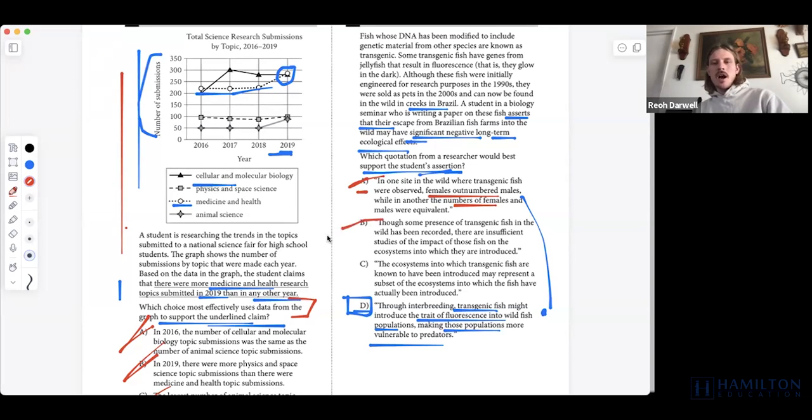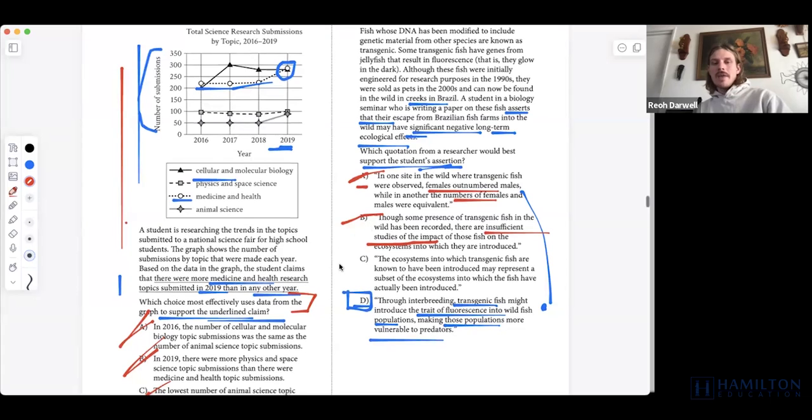B is kind of an opposite distractor, right? This is saying there are insufficient studies on the impact. Okay, if there are insufficient studies on the impact, how would we know that there may be significant long-term negative impacts? Can't. And then finally, C has nothing to do with impact. C just kind of is saying that we don't know enough.